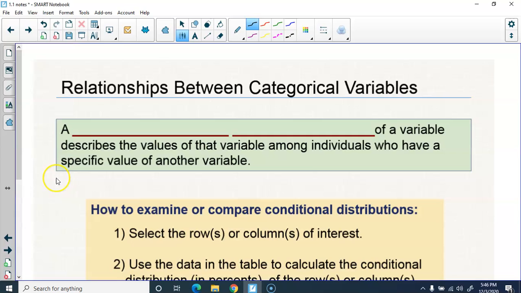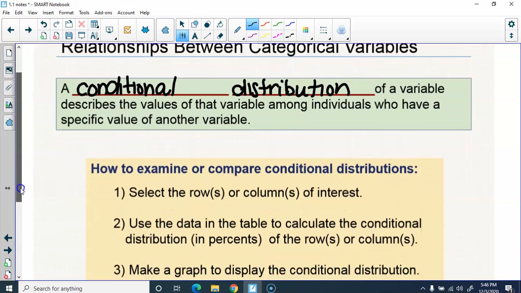Okay, so a relationship between categorical variables, a conditional distribution of a variable describes the values of that variable among the individuals who have a specific value of another variable.